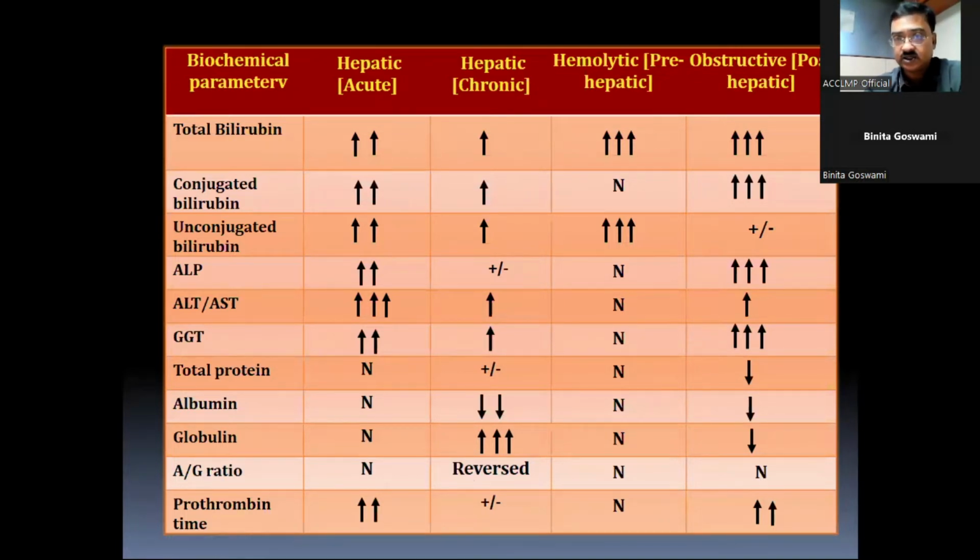Now there are other jaundices, hemolytic jaundice, where you get a very high bilirubin, mostly unconjugated bilirubin. Here the liver has got nothing to do, but there is the extra overload given to the liver because of excess hemolysis. What happens?